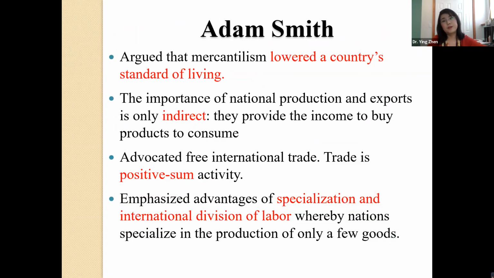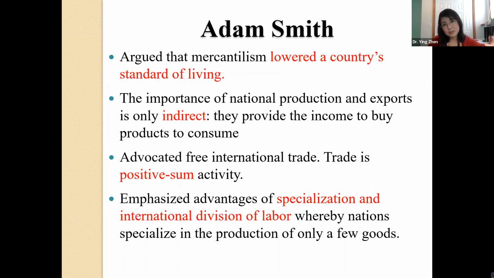Yeah, so that's why here, for Adam Smith's view, he argued that mercantilism lowered a country's standard of living because they emphasize exports. They encourage exports and they discourage imports. So this would actually lower a country's standard of living.